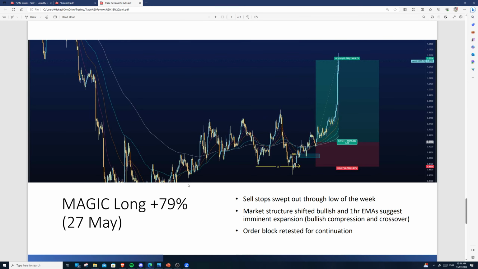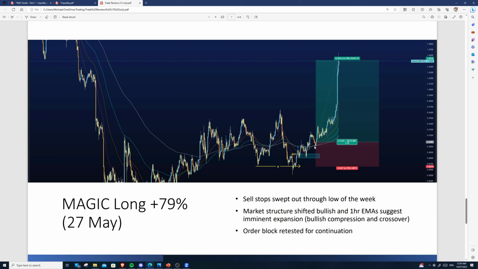Just quickly, this magic long from 27th of May, plus 79% with no drawdown. It's an example of using different trading concepts as further confluence with smart money concepts. The use of the EMAs here on 1 hour showed that there was a crossover and compression, as in the four EMAs came close together, and this signaled an incoming expansion.